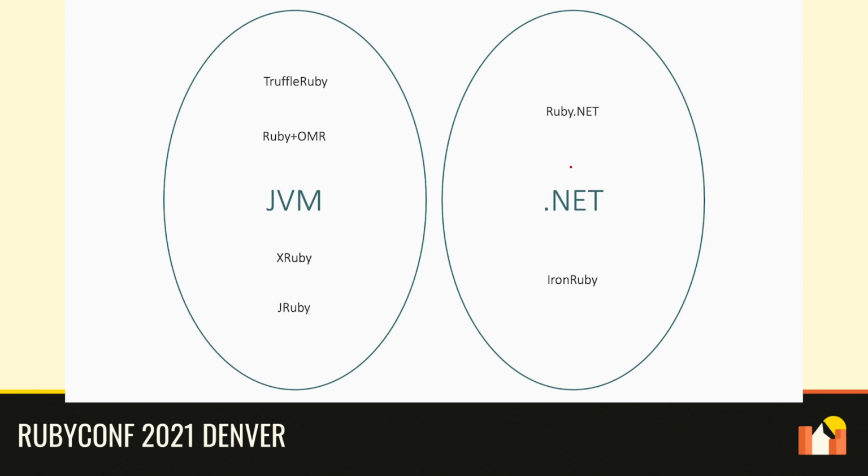There's been 2 efforts to implement Ruby on top of the .NET ecosystem, so Ruby.NET and IronRuby. At one point, Microsoft was trying to give a whole ecosystem of polyglot languages on top of .NET. So there was IronPython, IronRuby, and other Iron languages. And that was part of the dynamic language runtime, but that project was discontinued a while ago, unfortunately.